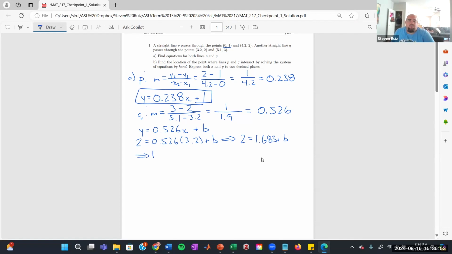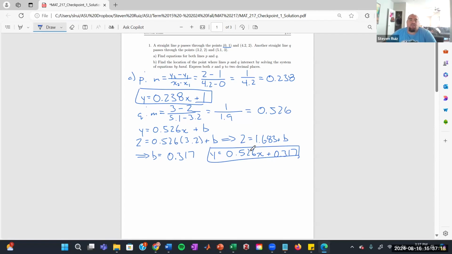And if I solve for b, I get 0.317. So those are my two equations there. So y equals 0.526x plus 0.317. So that's part A.